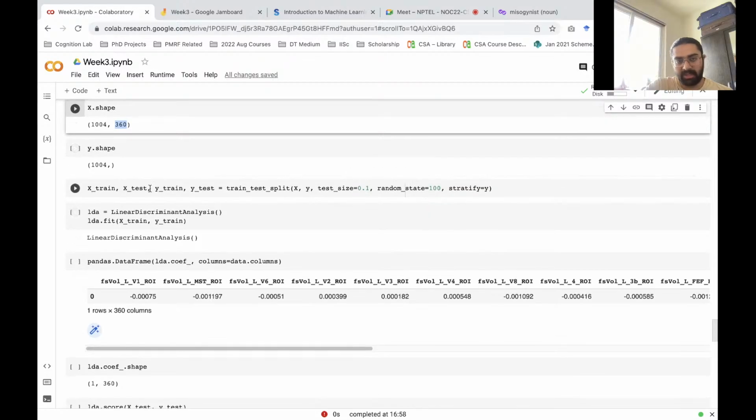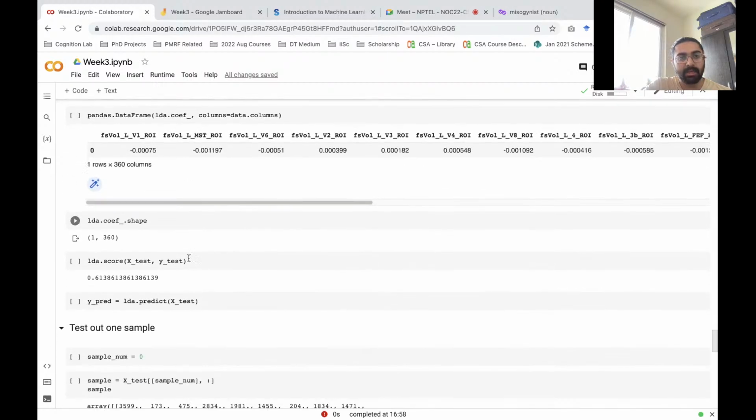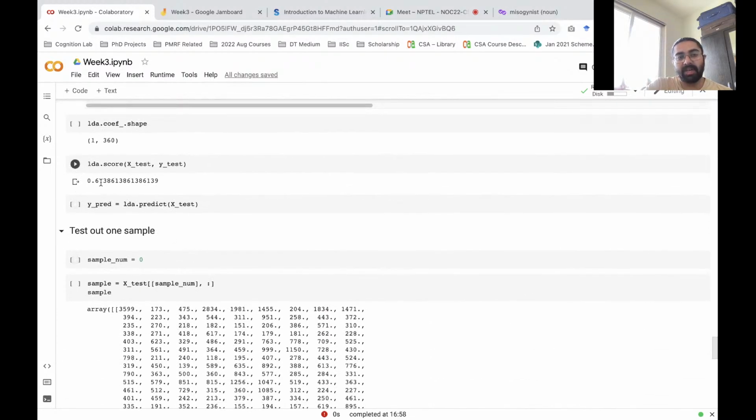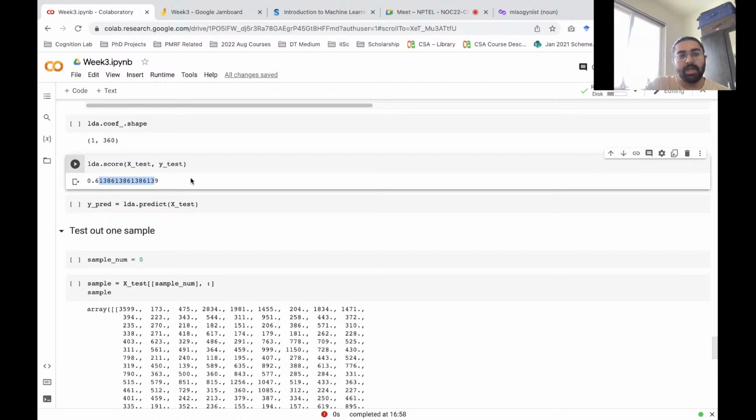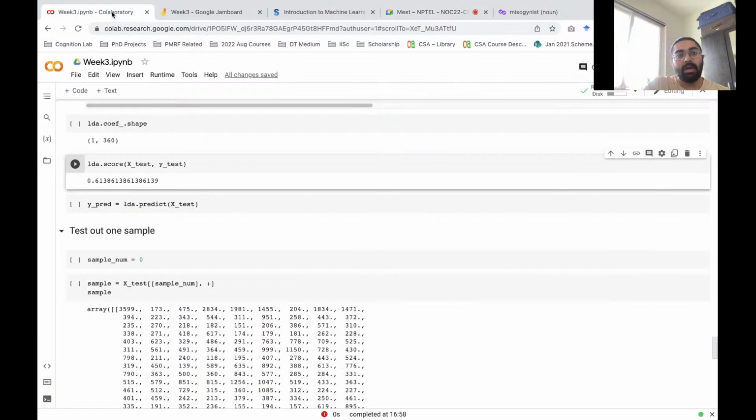And then you can just divide the data set into train and test. You can do the same sort of analysis here, and you can see that we are getting a score of about 61%, right? Which is not that good, but it tells you that there can be some relation between the structural information in your brain and whether you are autistic or not, right?